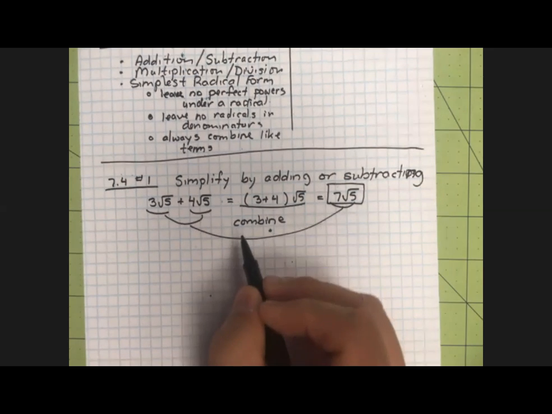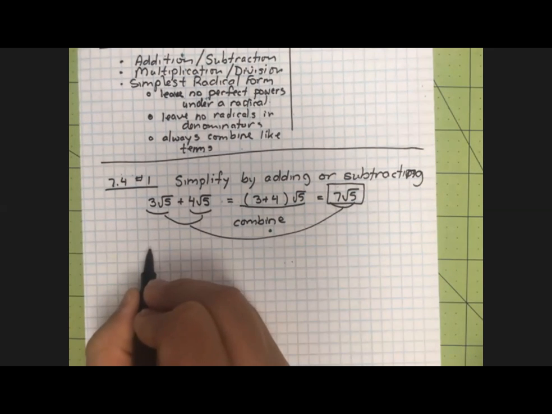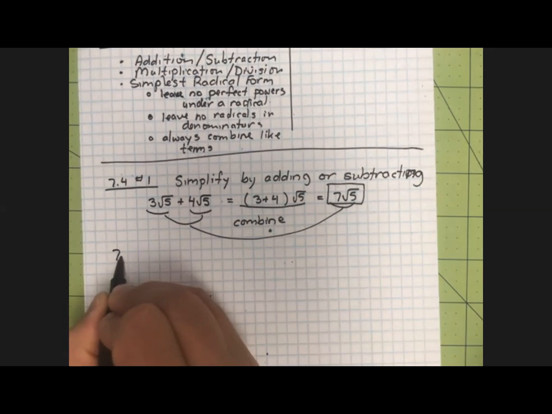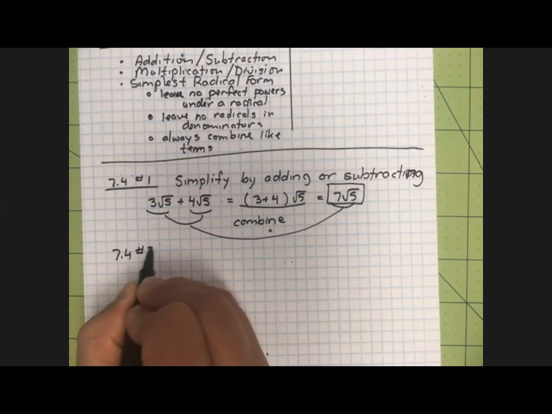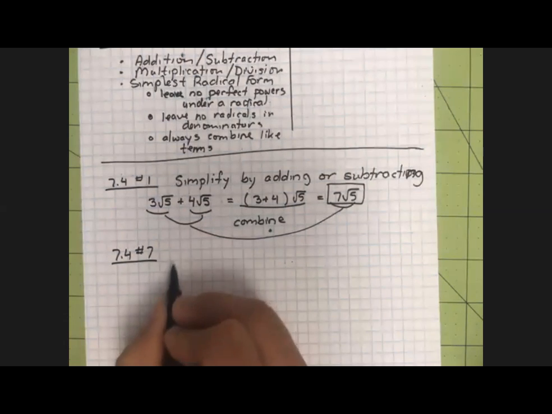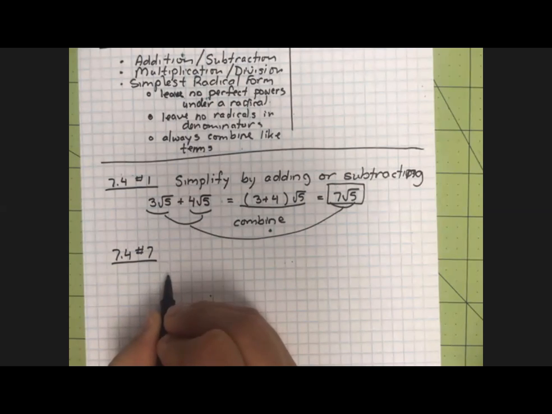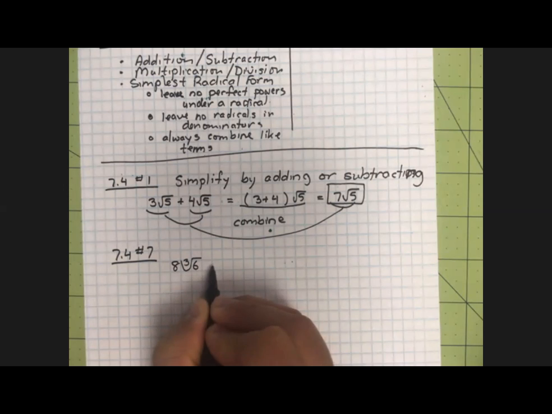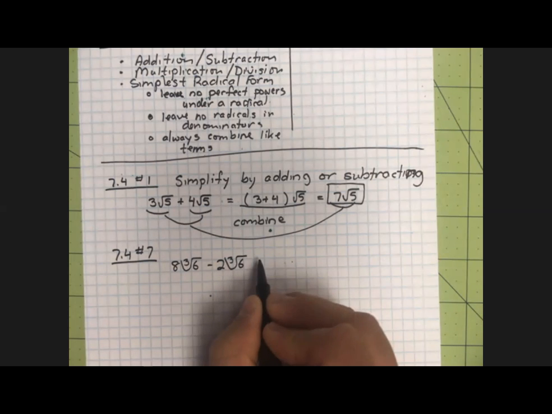So first example, if I have number 7 here, same instructions, 8 times the cube root of 6 minus 2 times the cube root of 6 plus 3 times the cube root of 6.